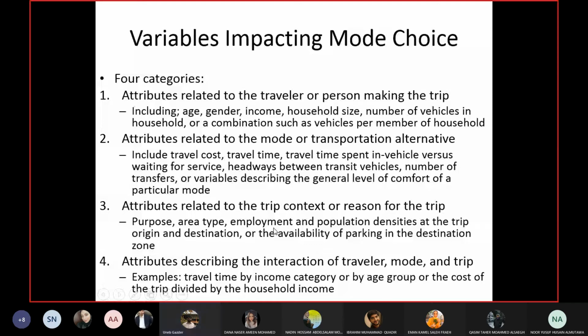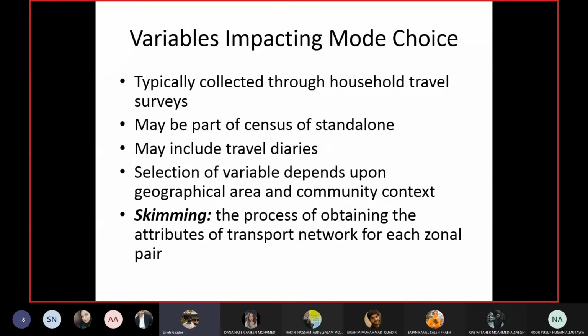We can go to an area which has less employment density as well, and we can go to areas which have more employment density as well. So if you feel that this is the case, then you can exclude that variable. You don't have to ask about that variable or collect data about that variable.